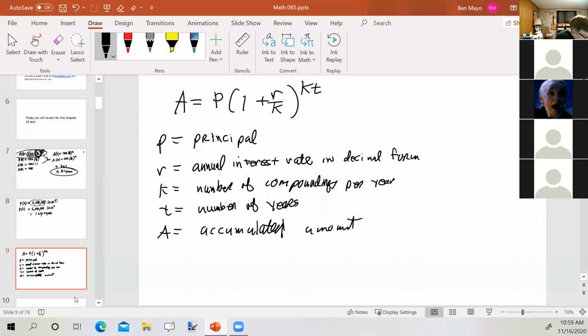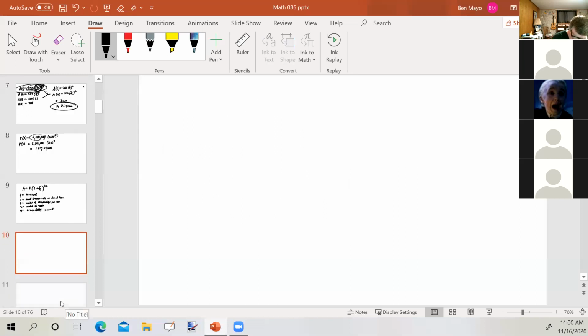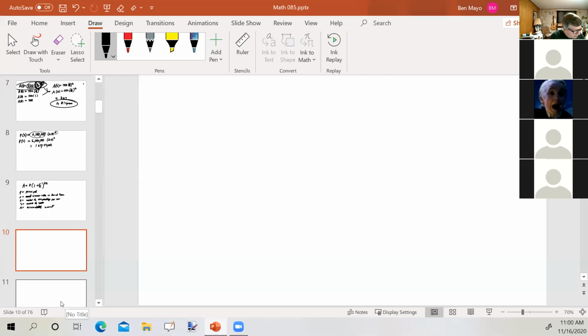Now, let's see here. Let's take a look at a problem. It says compound interest. An initial deposit of $10,000 earns 8% interest, compounded quarterly. So every 3 months. How much will be in the account after 10 years?